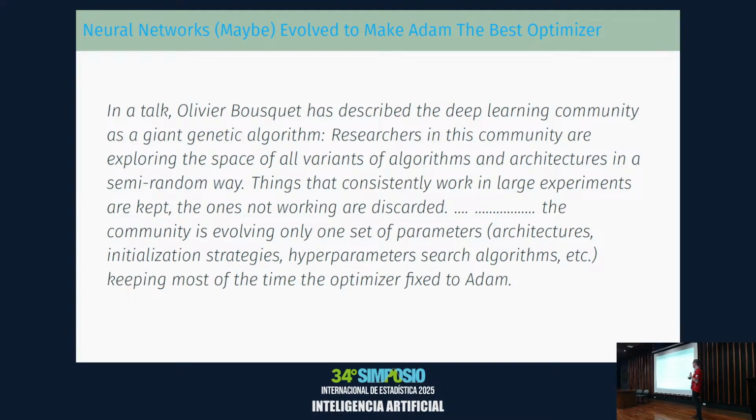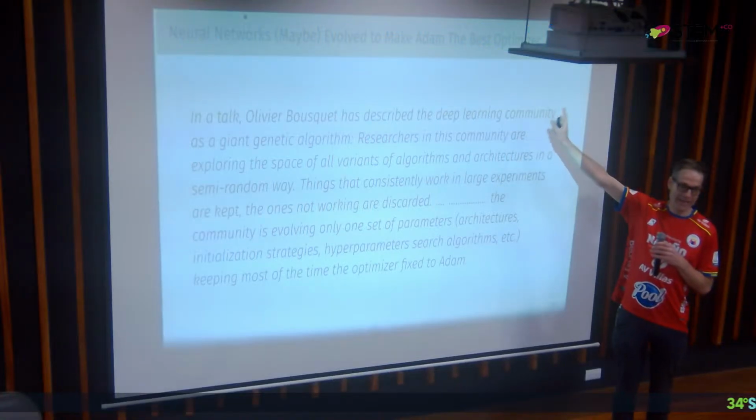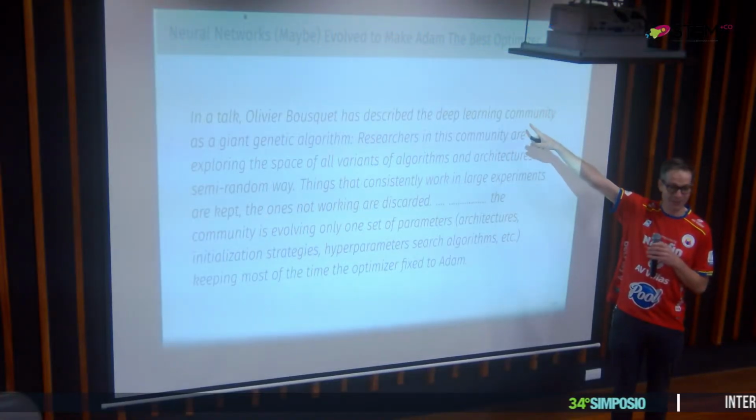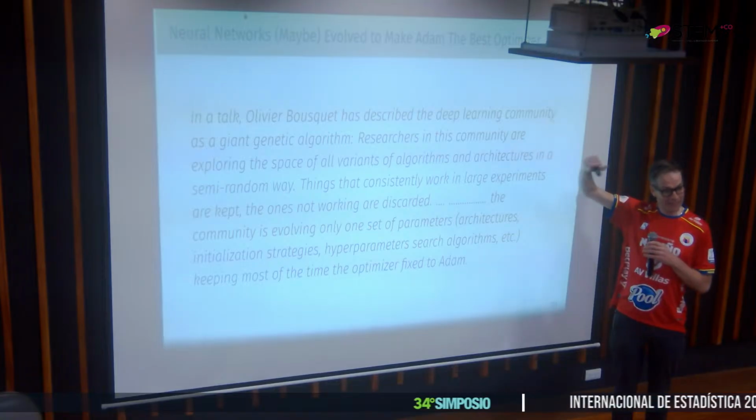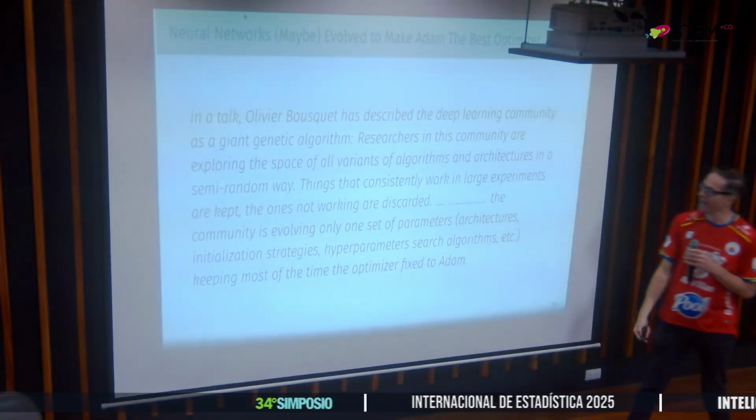The community is evolving on one set of parameters, keeping most of the time the optimizer fixed. And therefore, his argument was that what we've actually done, neural networks have evolved to make Adam the best optimizer. If we had a different optimizer, maybe we would have found something else. But no one interprets their results in terms of Adam, which puts in a whole load of assumptions on this.